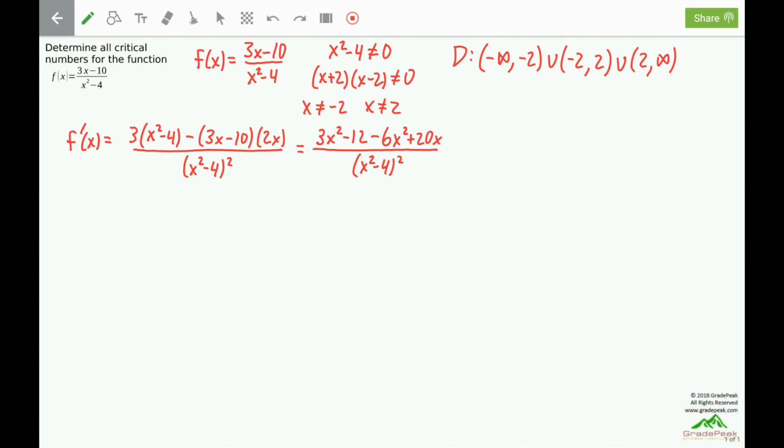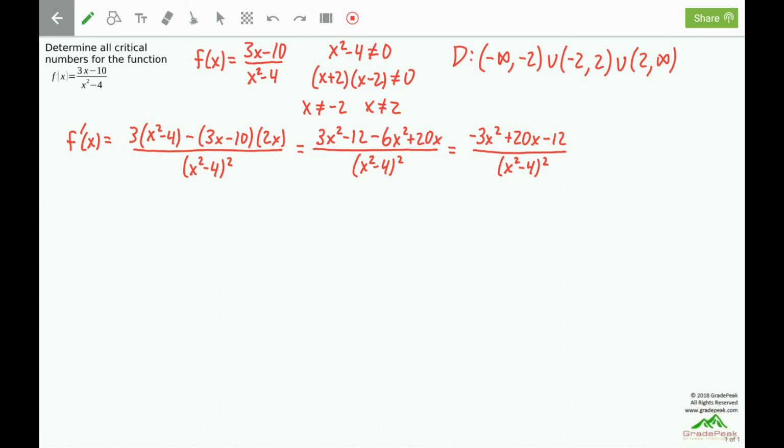And leave the denominator alone. Combining like terms together in the numerator, 3x squared and a negative 6x squared will give a negative 3x squared. To put it in descending order, I will put the 20x next, and then the negative 12. Leave the denominator alone.